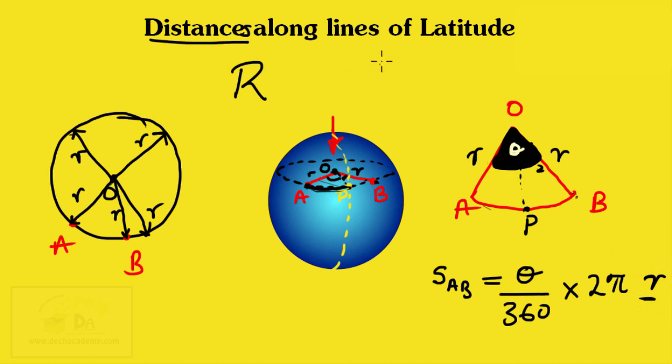Now remember, what's small r? Small r is equal to big R cos theta, where theta, actually I'm going to call it alpha. That angle is formed when one draws a line from the center of the sphere to a point on that latitude, and a line from the center of the sphere to the point directly below it on the equator. It's this angle here. I'm calling it alpha because I've already used theta.